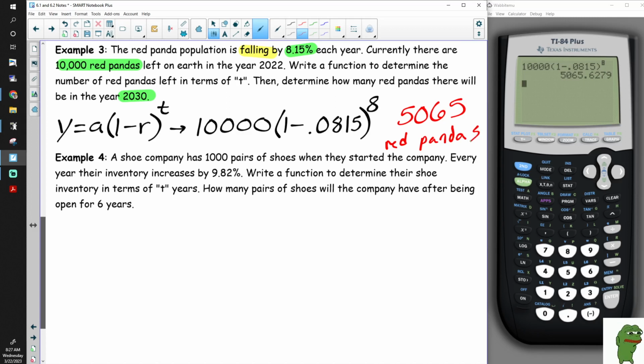Yep, that is how many red pandas would be left if that exponential decay kept happening for the next 8 years. Which means in 8 years the population of red pandas would almost be cut in half, which is not good.